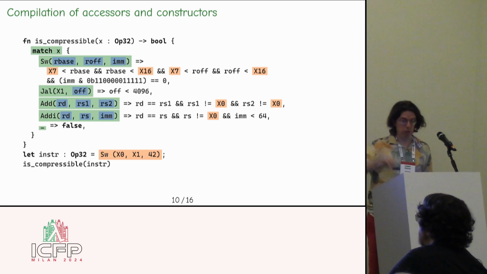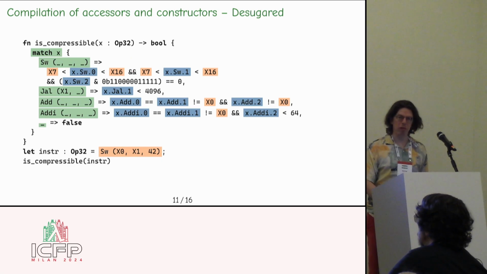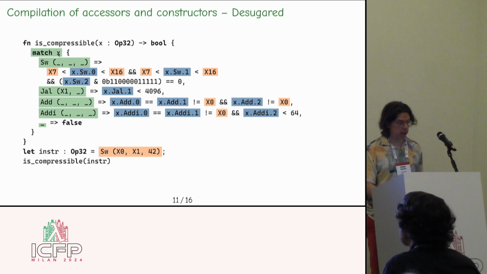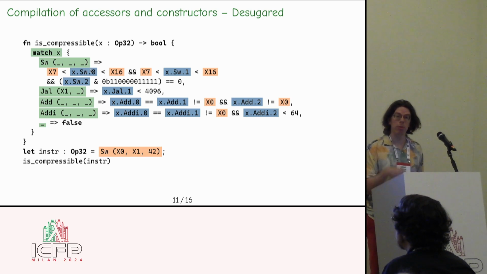We start with this, the same code from before, and we're going to move to something like this, where all the binders are extracted and moved to the code as accessors. If we look at a specific accessor here, we have x, which is the original value, in the SW case, and we access the zeros field.